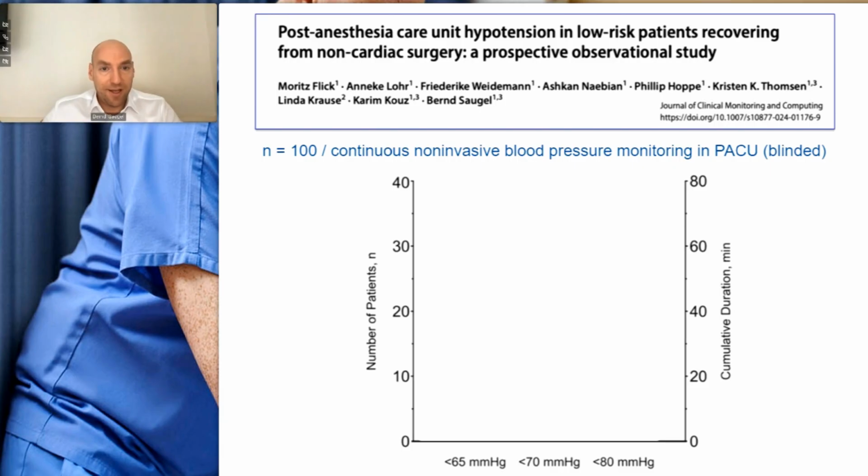We looked at blood pressure in low-risk patients who were recovering from non-cardiac surgery in our post-anesthesia care unit. The post-anesthesia care unit is the place where the patients stay for the first 1 or maximum 2 hours after surgery. And we measured blood pressure in a blinded way and a non-invasive way there.